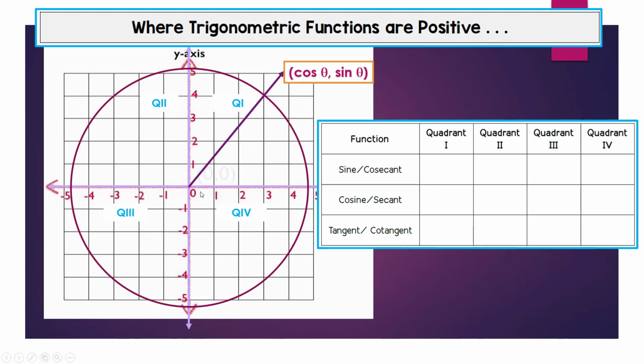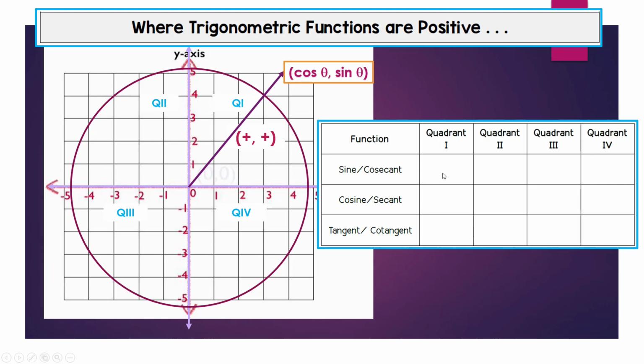We want to look at this all the way around the unit circle, but we're going to start here. What I know about the first quadrant is that both x and y are positive. So whatever I get for cosine, my x coordinate, is going to be positive in the first quadrant, and sine is also positive.